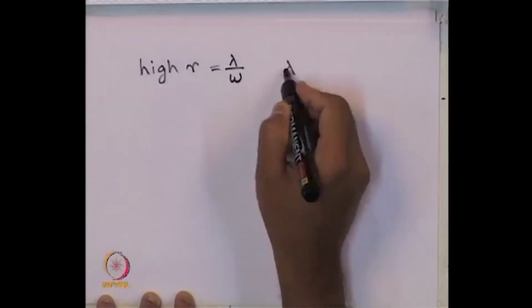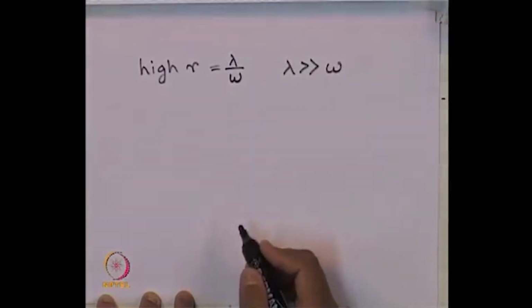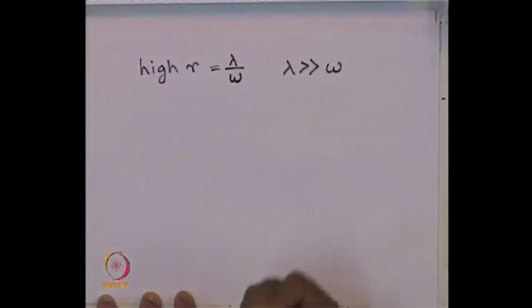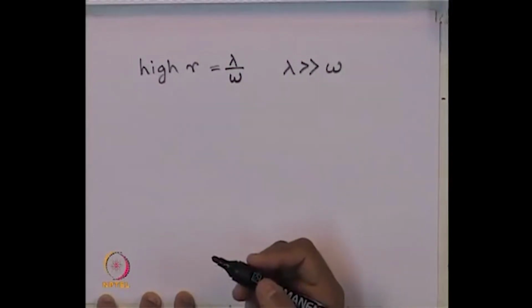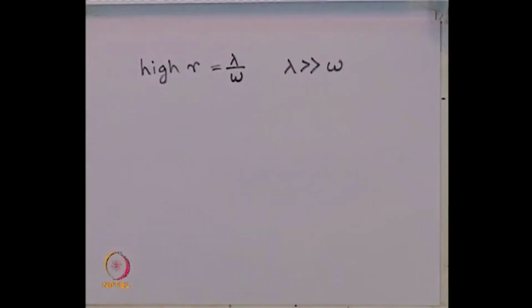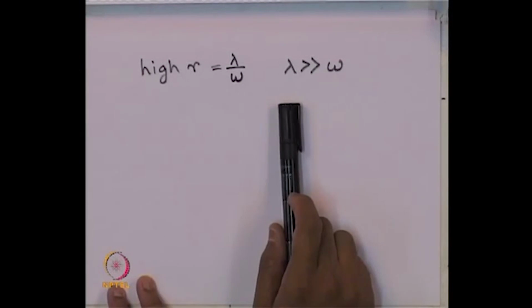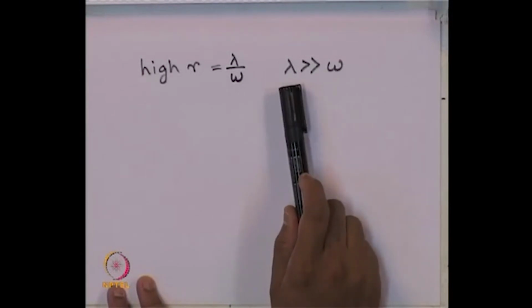That means lambda, the applied external frequency, is very high compared to the natural frequency of the system, which will give us a very high value of R. Now, how can it happen? We hardly have any control on the applied external frequency.